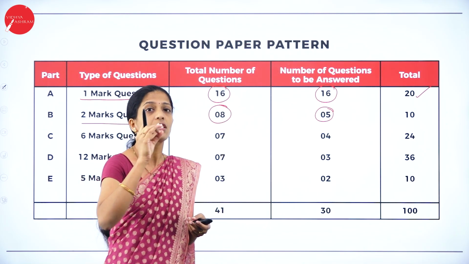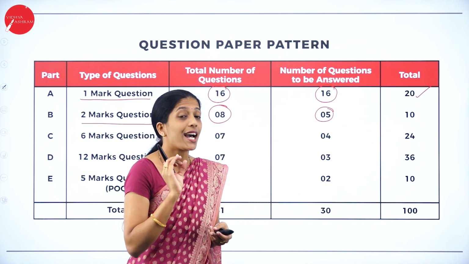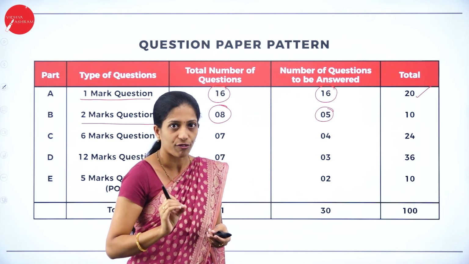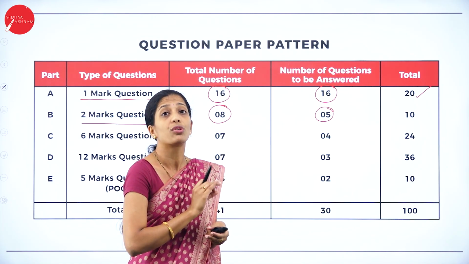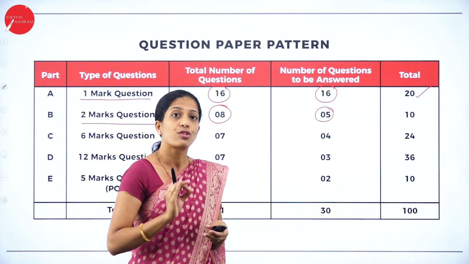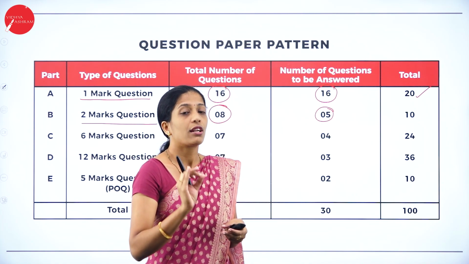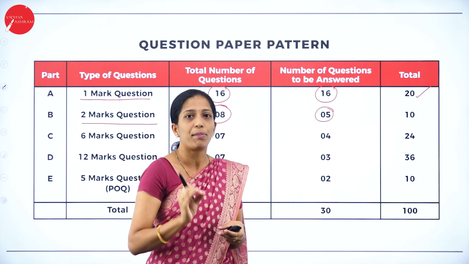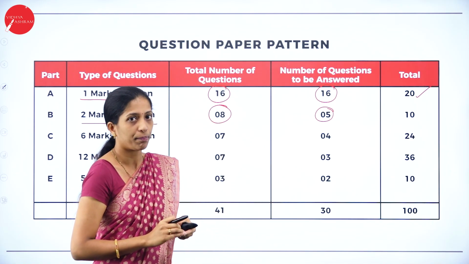In your first 20 marks, you don't have any other option. So it is highly difficult if you don't know each and every bit of your syllabus. You have to go through the whole syllabus because you don't have any other option. So there are more chances of losing marks here. Those who are expecting a centum, go through each and every bit of your syllabus. You don't have an option in part A.